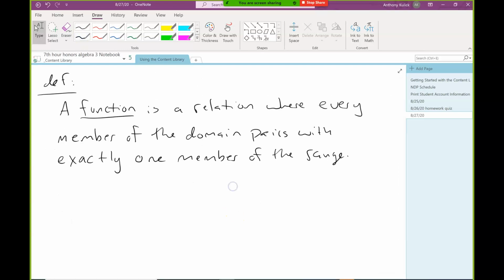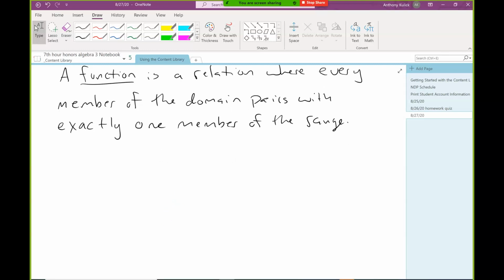So let's look at some examples here. I'm going to do a whole bunch of examples, like, I don't know, 15 or 20 of them probably. We're going to decide if this is a function or not, and then we're going to list the domain and range.